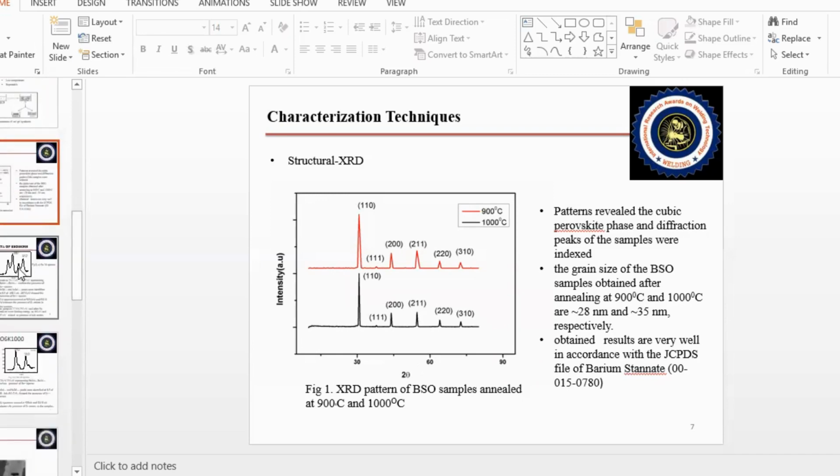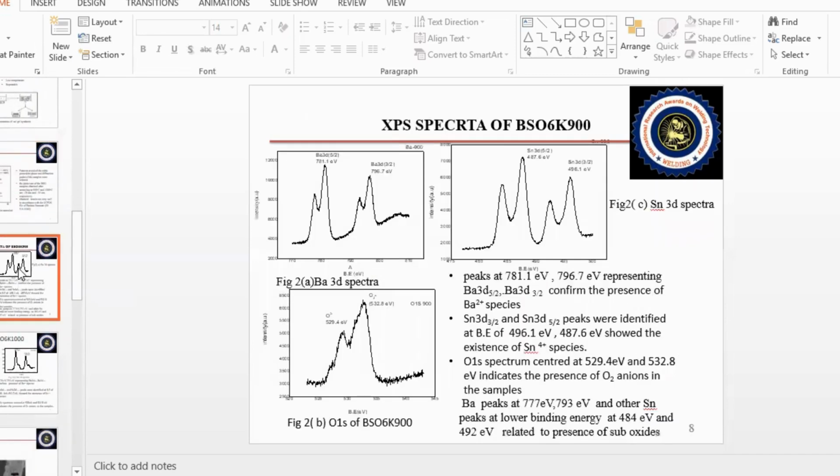Next shows the XPS spectra of as-prepared BaSnO3 samples. The peaks at 781 eV, 796.7 eV representing the Ba 3d 5/2, Ba 3d 3/2 confirm the presence of Ba2+ species. Sn 3d 3/2 and Sn 3d 5/2 peaks were identified at binding energy of 496.1 eV, 487.6 eV showed the existence of tin 4+ species.